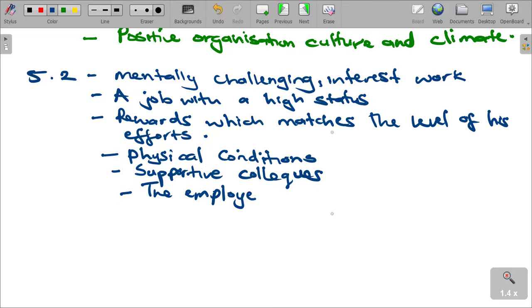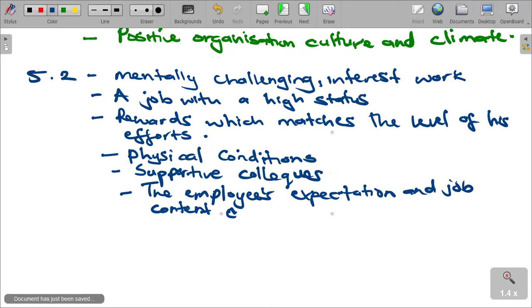When employees' expectations and job content match, a person might be satisfied. Right.